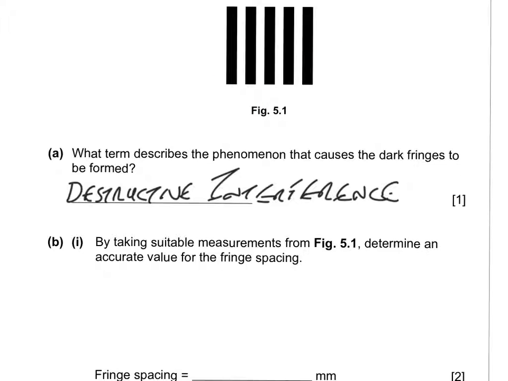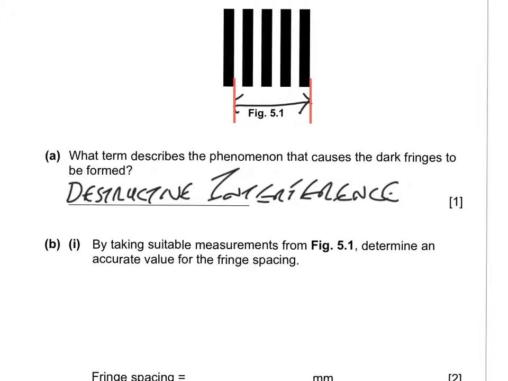So this will require you to go in here with a ruler and basically measure from, say, the edge of this one over to the far side of that one. Okay, I'm not doing this very well. Okay, something like that. And then we recognize that that corresponds to 1, 2, 3, 4 gaps.